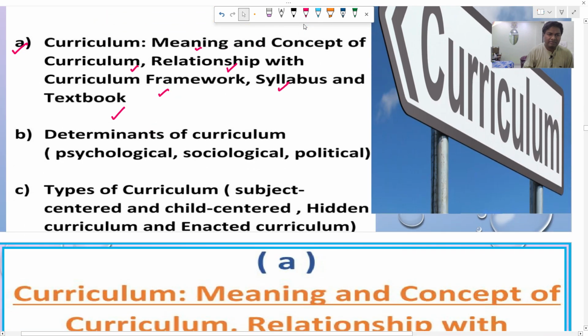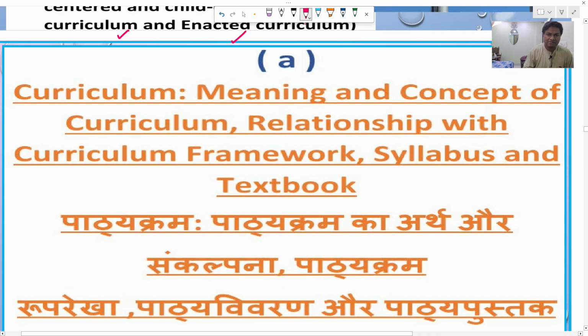Next will be the determinants of curriculum: sociological, psychological, political. And the different types of curriculum: subject centered curriculum, child centered curriculum, hidden curriculum and enacted curriculum. So let's start with the concept. The first section is curriculum meaning and concept of curriculum, relationship with curriculum framework, syllabus and textbook.